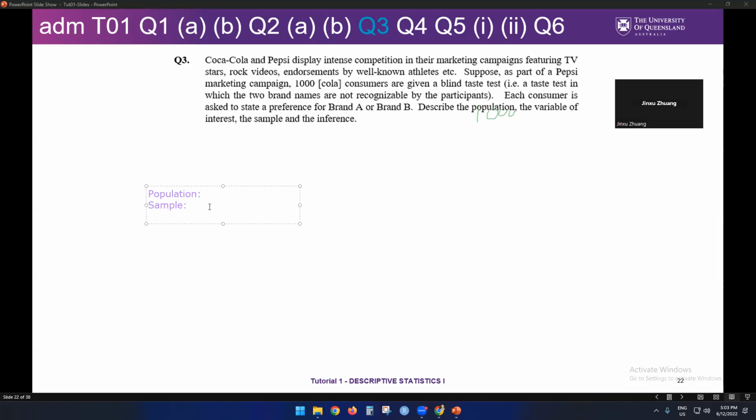What is the order? Population, variable of interest, parameter. Then it asks sample and the inference.